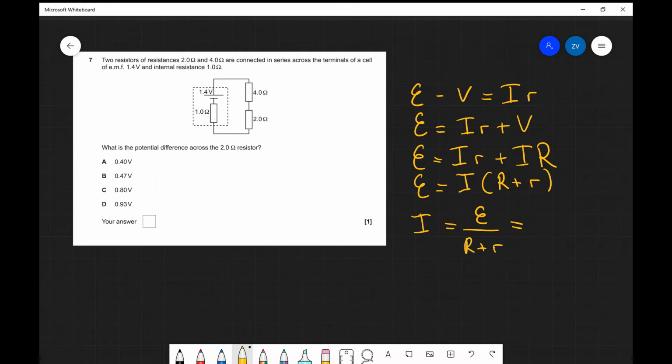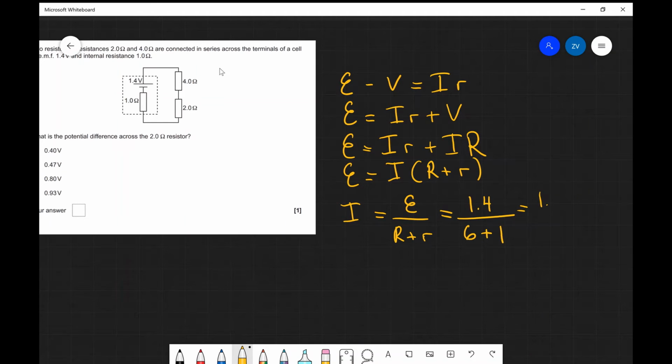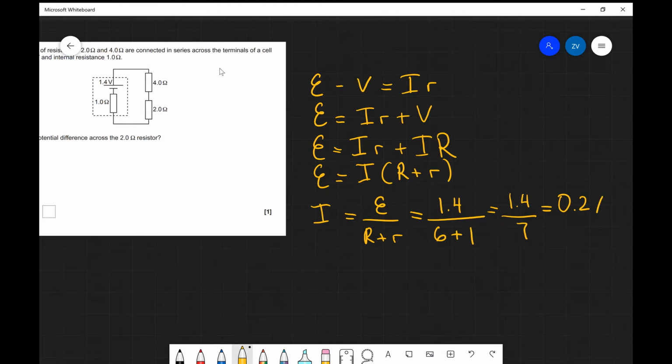Our EMF is 1.4 volts, and we divide that by R, the total resistance, which is 4 plus 2, which is 6 ohms, plus the internal resistance, given in the question as 1 ohm. So this is 1.4 over 7, which is 0.2 amps.